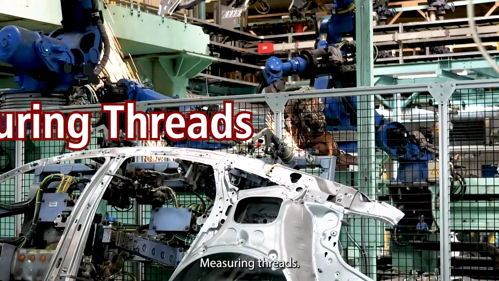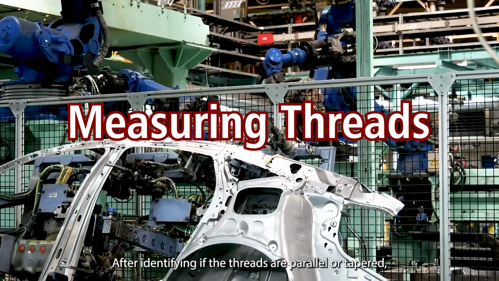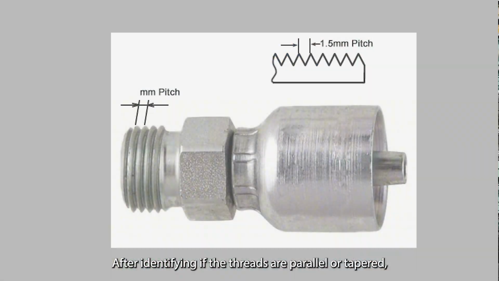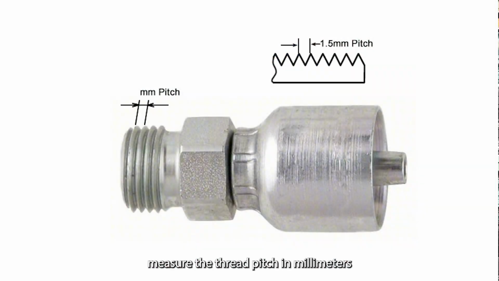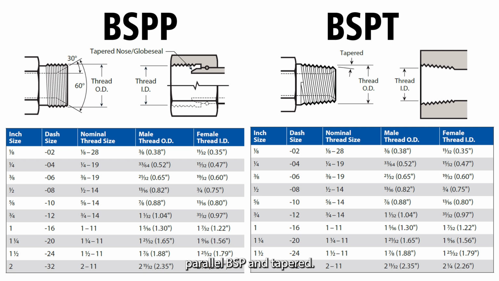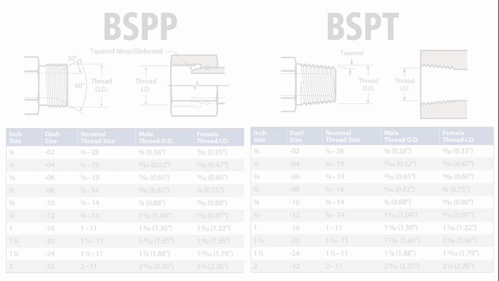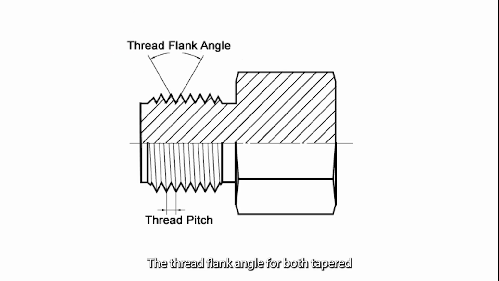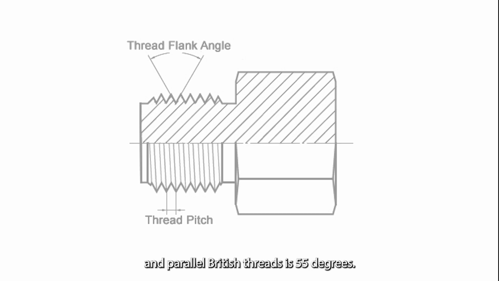Measuring threads. After identifying if the threads are parallel or tapered, measure the thread pitch in millimeters over the top of the thread crests. BSP threads come in two versions: parallel, BSPP, and tapered, BSPT. The thread flank angle for both tapered and parallel British threads is 55 degrees.